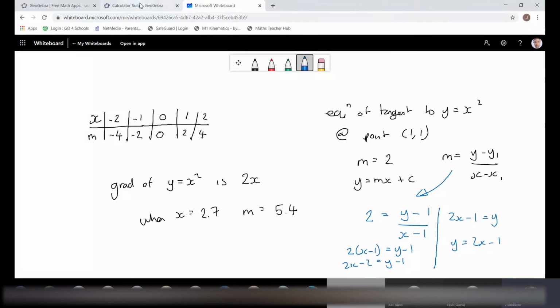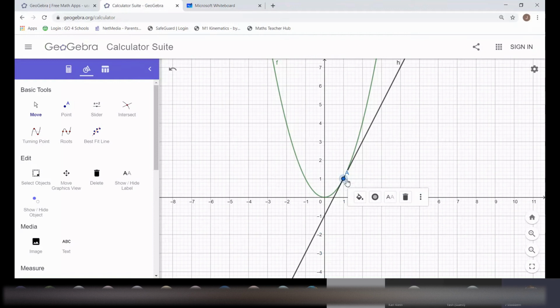So what I've done there is I've found the equation of this tangent here. And I've done it by finding the gradient of the tangent at the point where x equals 1, and also finding the y value of this point, which again I can see is 1, 1 from my graph.